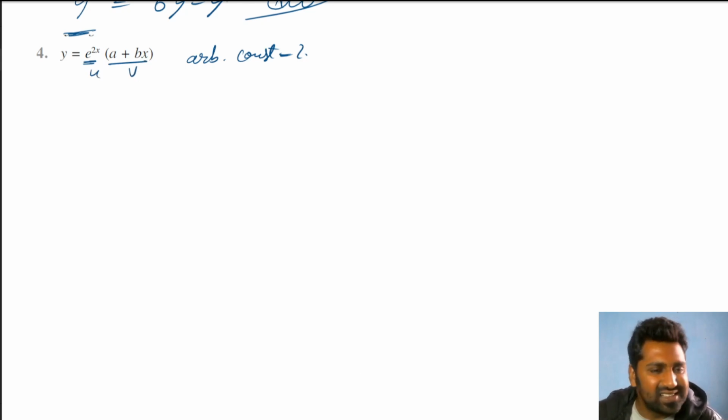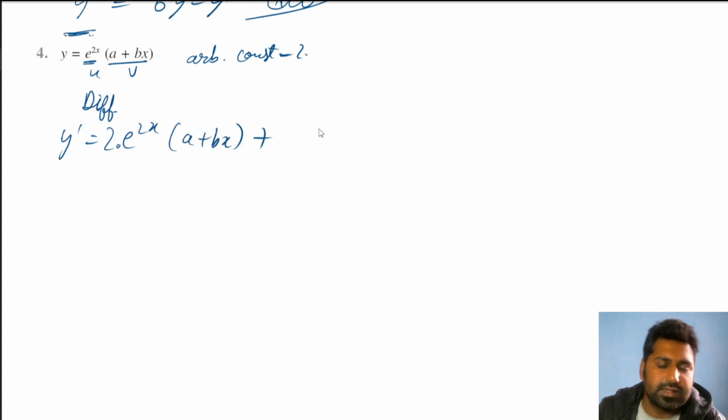Okay. Yeah. So let's differentiate. So dy by dx, or y dash: e raised to power 2x differentiation is e raised to power 2x into 2, (a plus bx) as it is, plus this time a plus bx differentiation, so a differentiation is 0 plus b, and e raised to power 2x as it is.